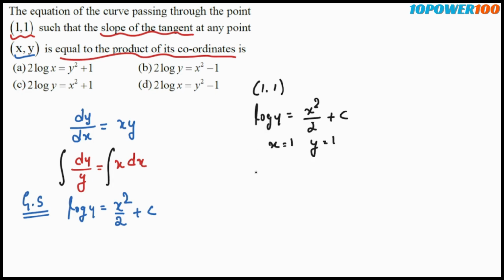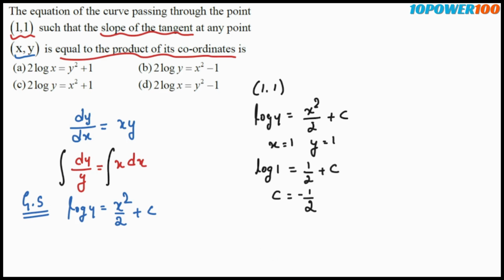If you substitute, log 1 is equal to 1 square by 2 plus c. Log 1 is 0, so c value is equal to minus 1 by 2.